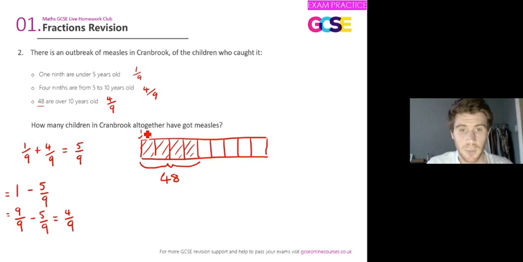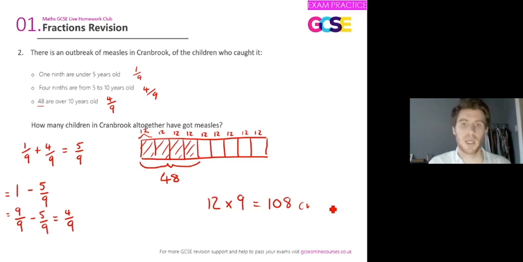So that's 12 children. In order to find out my total number of children, I've got 9 parts here. Each of these sections is worth 12 children with measles. So we think about 12 times 9 in order to answer the question. 12 times 9 equals 108 children.